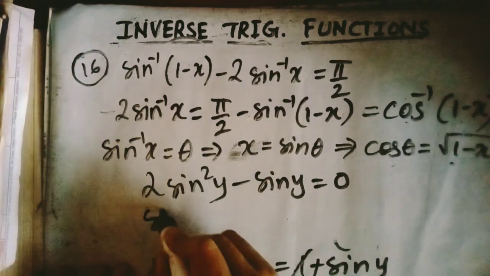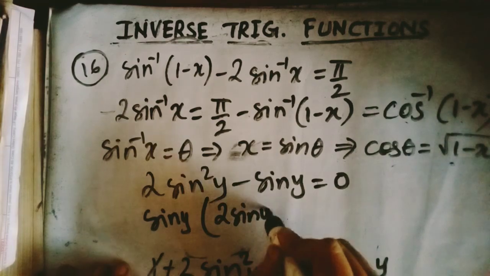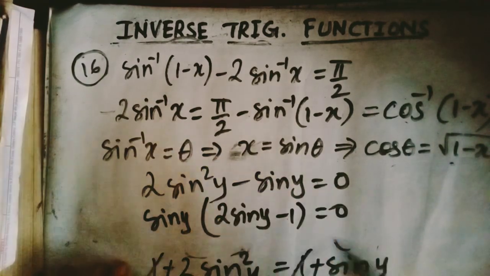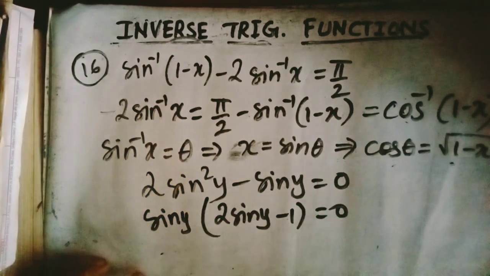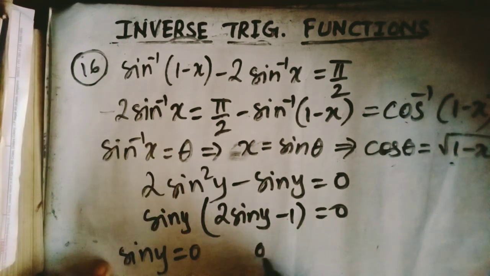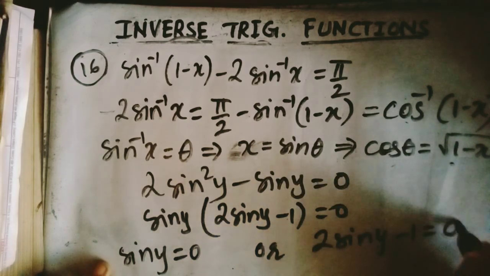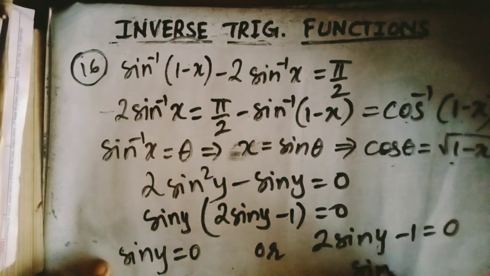So sine y you can take common. So sine y times 2 sine y minus 1 equal to 0. So either sine y is equal to 0 or 2 sine y minus 1 equal to 0. So sine y is half.